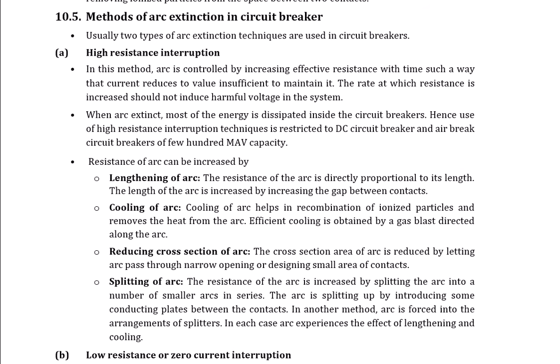Resistance of arc can be increased by four methods. The first method is lengthening of arc. The resistance of arc is directly proportional to its length, and we also have the equation of resistance: R is equal to rho L upon A. Since length is directly proportional to the resistance, if we increase the length, then ultimately it will increase the resistance of the arc.